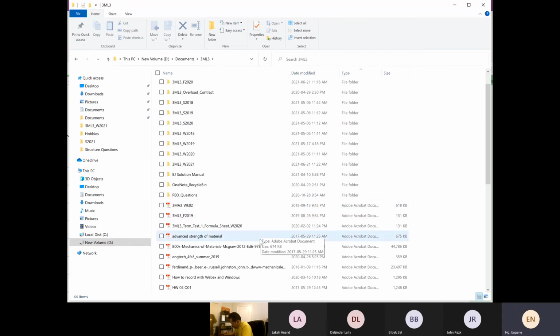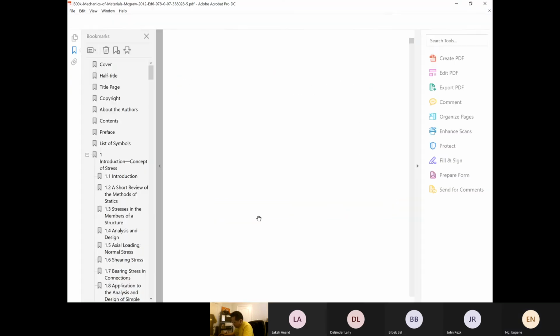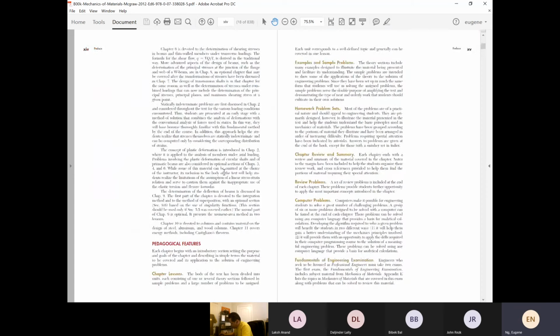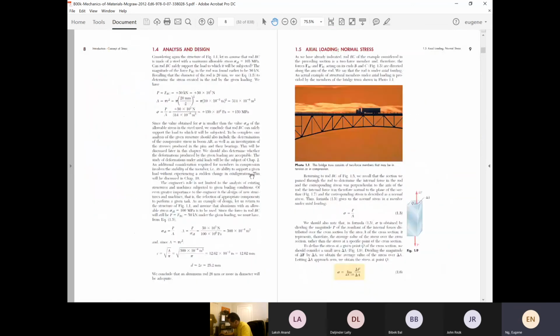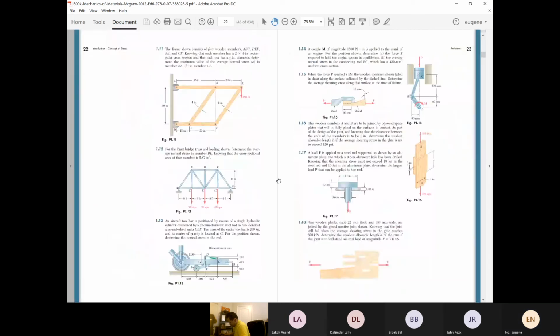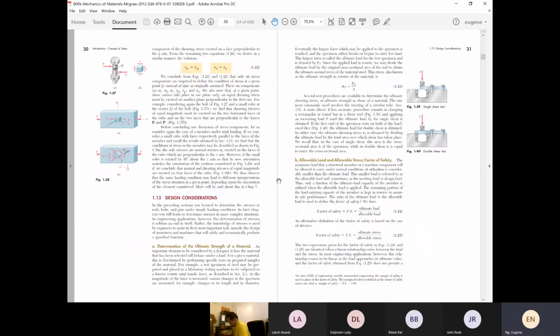Let me find the textbook. There's a page where they calculate factor of safety. I hope I can find it. I should have done this earlier.